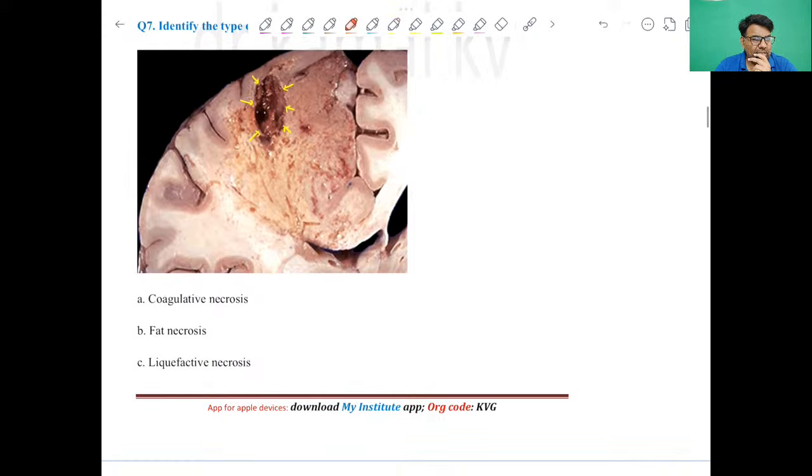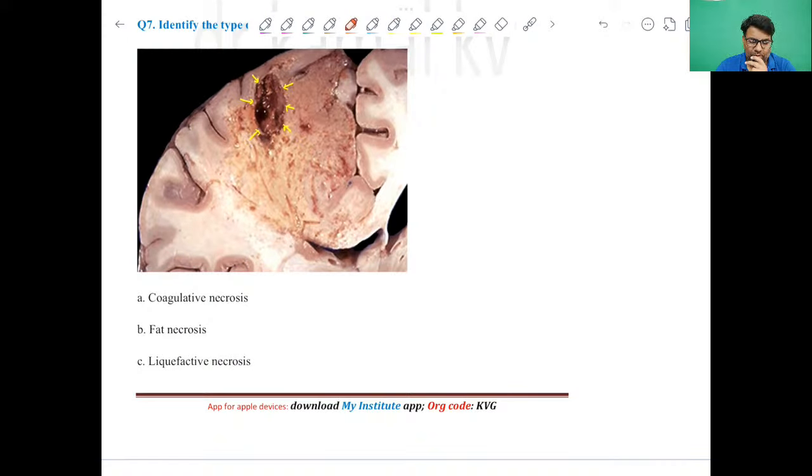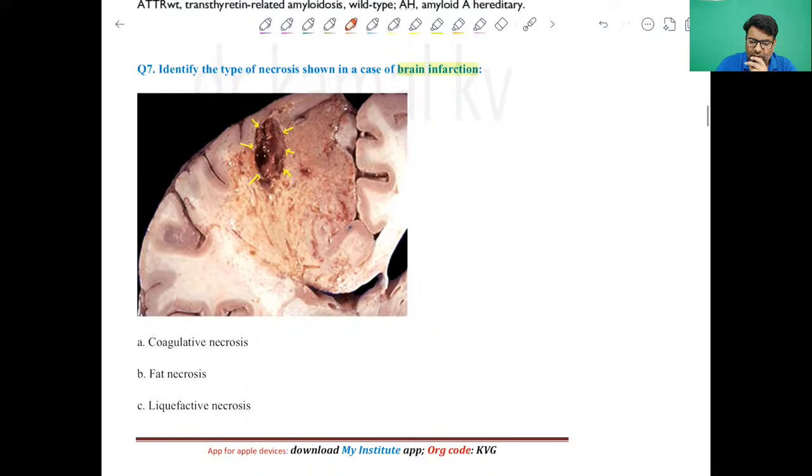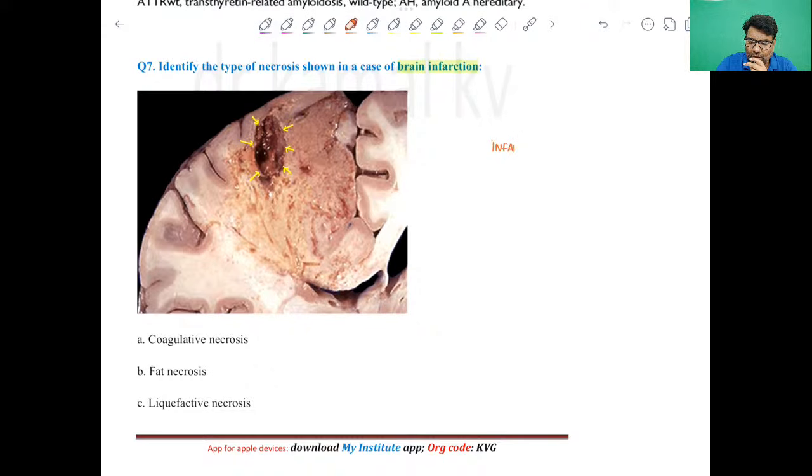Very good Shrudis, very good Varsha, absolutely right. Now when we discuss infarction, that is ischemia and infarction, in the majority of tissues it gives coagulative necrosis. Clear? So it will give coagulative necrosis or ischemic necrosis. But in case of brain, it shows liquefactive necrosis.